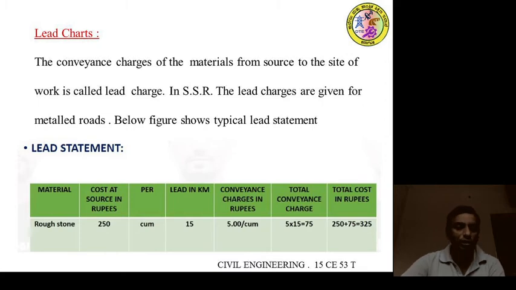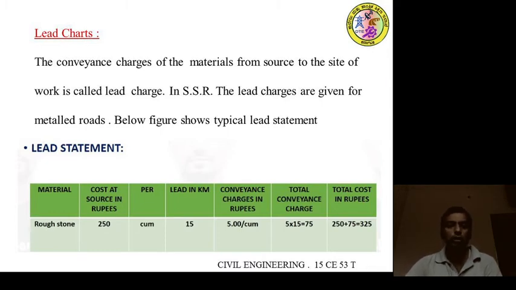The material given in the example is rough stone. The cost at source, without conveying, loading and unloading, is only the first cost, 250 rupees per cubic meter. Lead in kilometer is the distance between the construction site and the quarry, 15 kilometer.